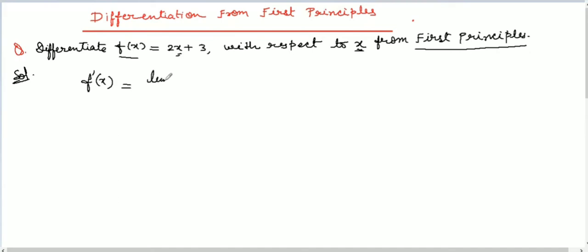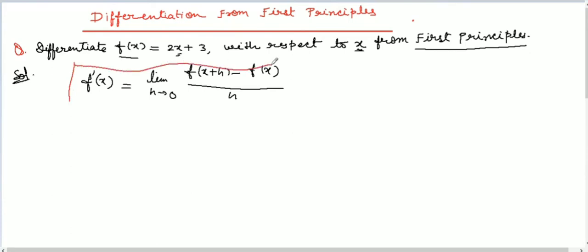So here, limit h tends to 0, f of x plus h minus f(x) over h. So we will use this formula to differentiate the function f(x) equal to 2x plus 3 from first principle.